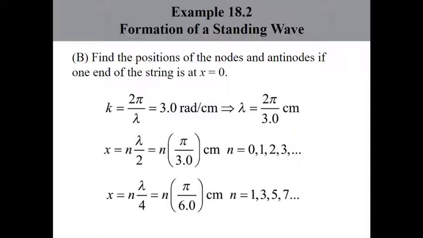If we have to find the position of the nodes and antinodes on one end of the string, starting at x equal to 0, again you can use the rule of thumb that we saw to find either nodes or antinodes.